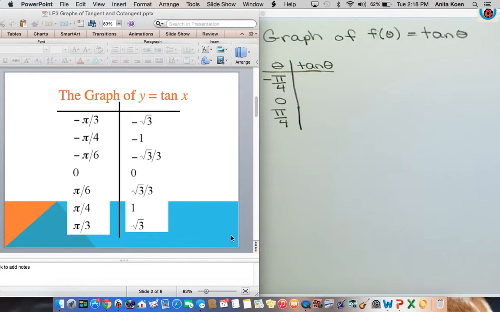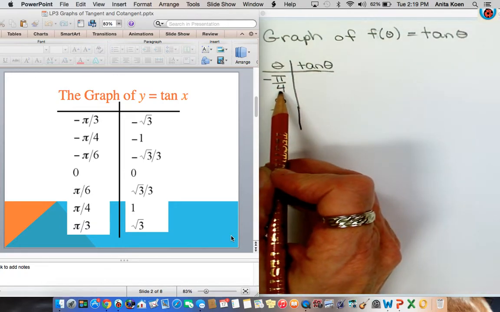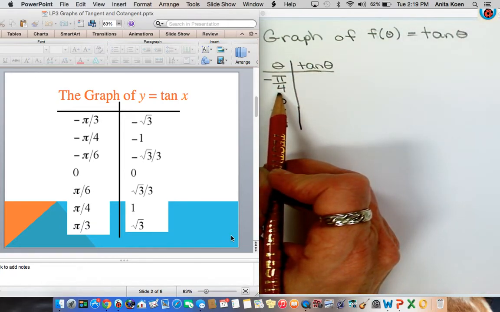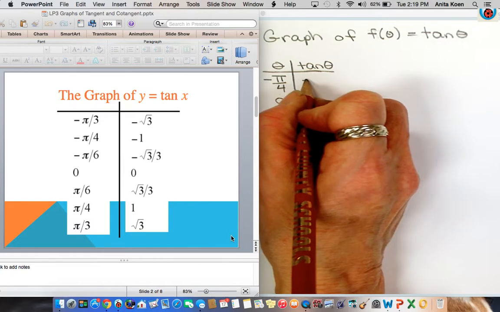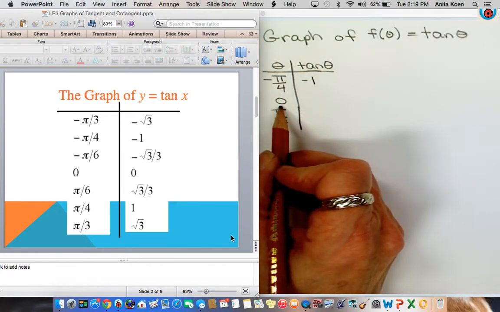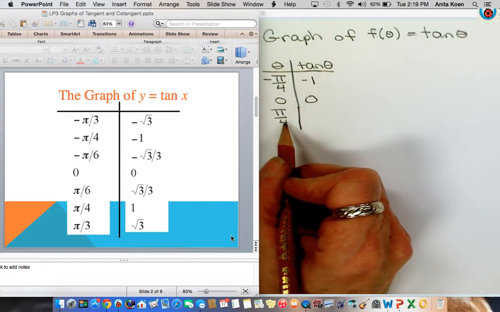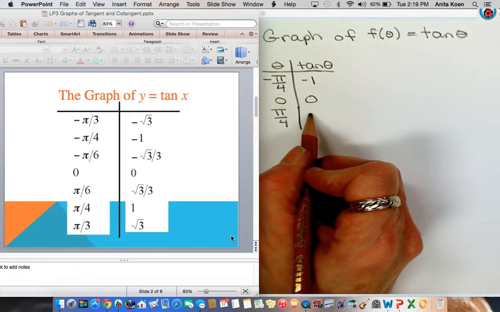When you're graphing the tangent function for me on the test, the three critical points that I'm interested in you being sure that you know and graph are negative pi over 4, negative 1; 0, 0; pi over 4, 1.